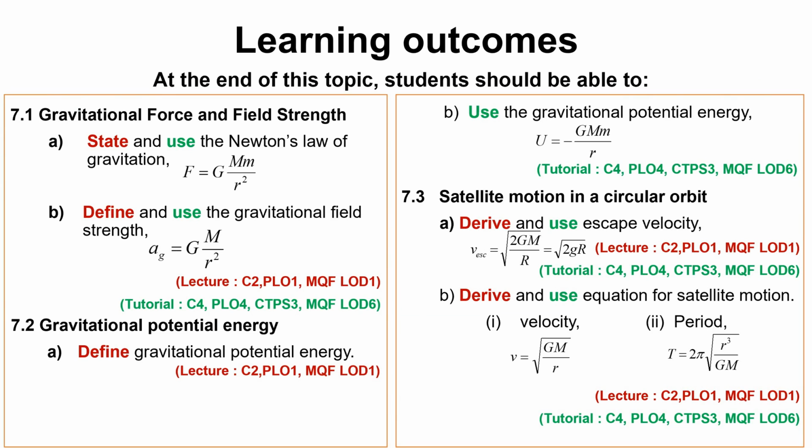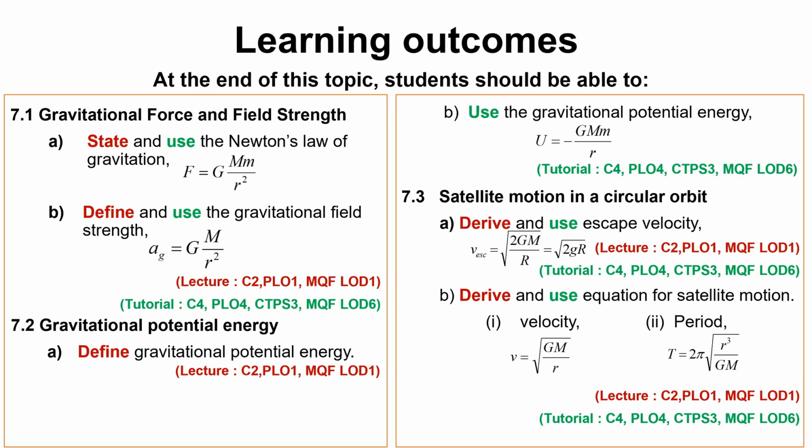Okay, the learning outcomes for this topic. At the end of this topic, students should be able to, for subtopic 7.1, state and use Newton's law of gravitation and define and use the gravitational field strength.